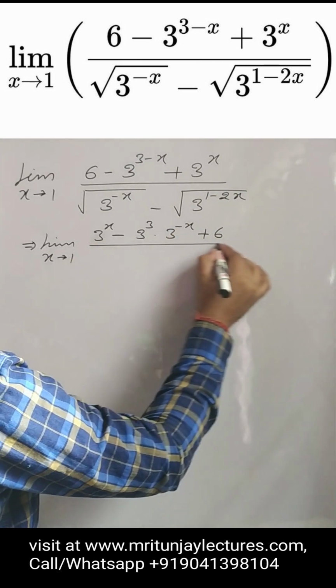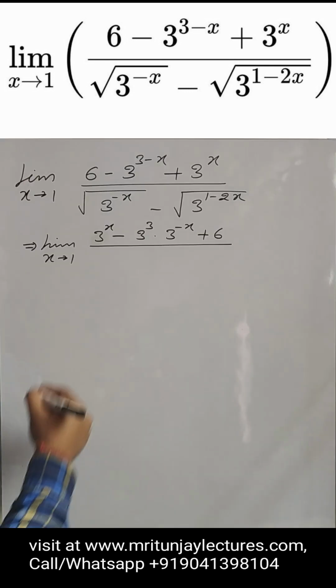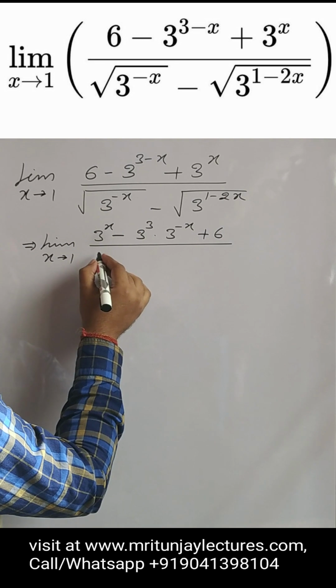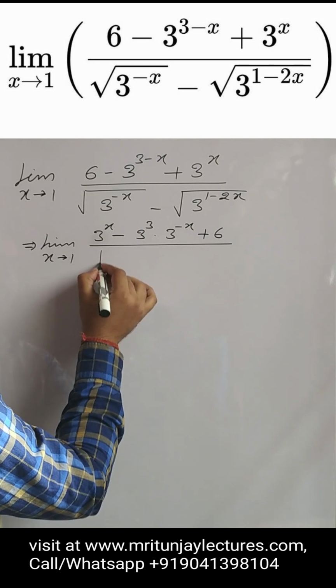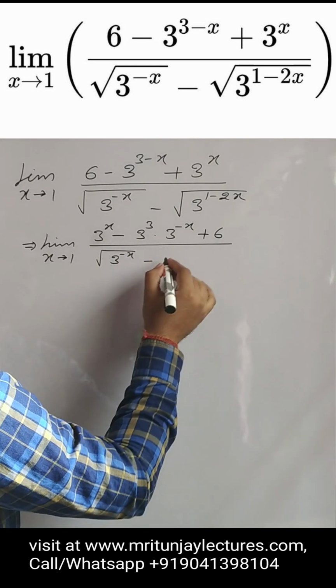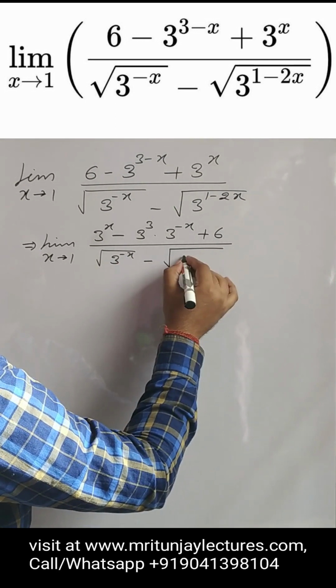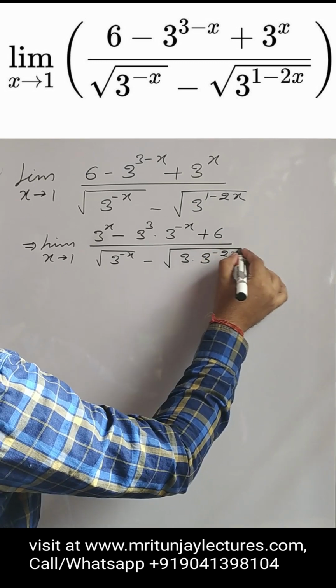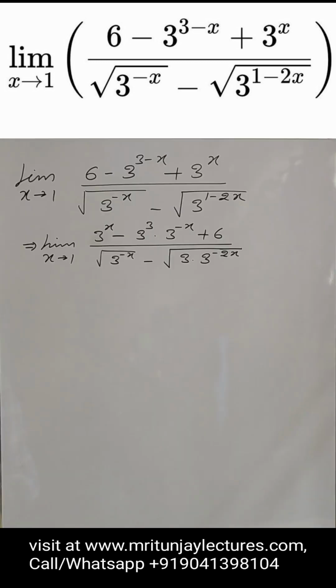Clear or not? Divided by under root. This value is also written as 3 to power minus x, and that value is written as 3 into 3 to power minus 2x. Clear or not? Okay.